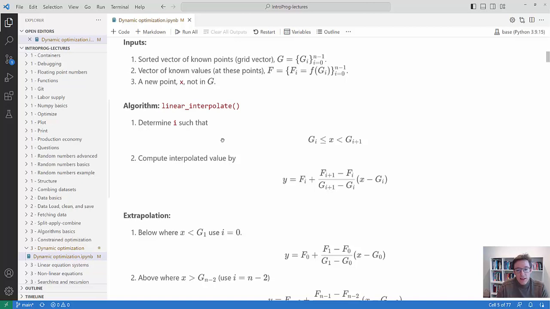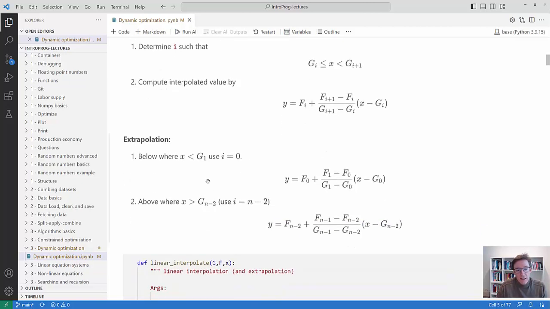Once you know this i, then you take the function value at the point to the left, you find the slope of the function. So this is a linear approximation of the slope in the function. And then you take how far to the left of the point i, so how far away are we. So this is similar to a Taylor approximation. And then we calculate the function value based on that.